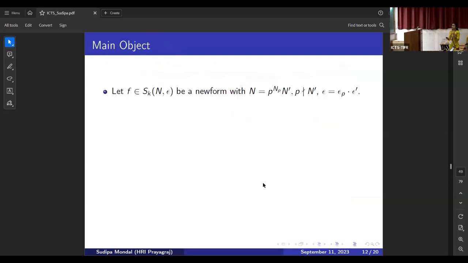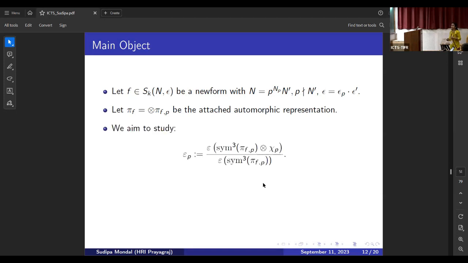So again, let's start with a newform of weight k, level n, and Nebentypus epsilon. So let phi be the attached representation to f. Then we study the ratio of epsilon factor of the symmetric cube transfer twisted by a quadratic character that we have defined earlier.